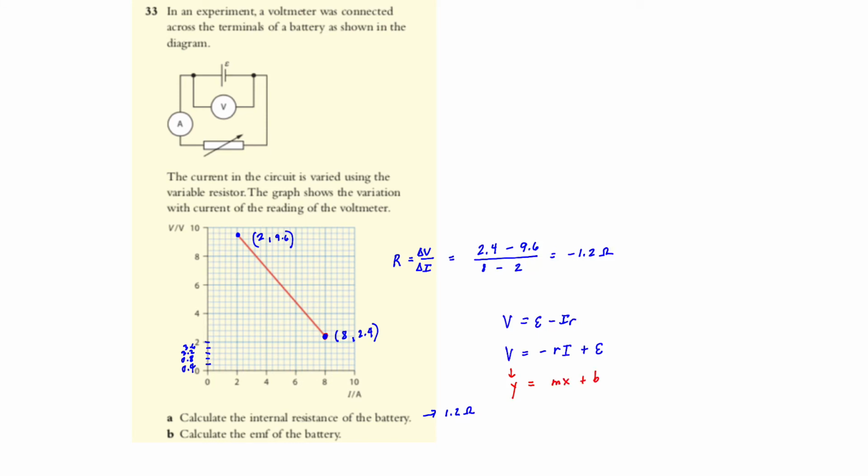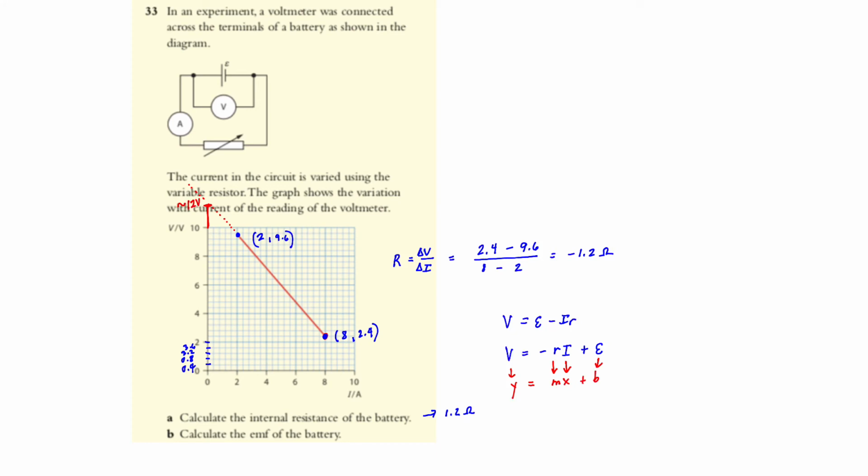And so the m is the resistance, and for the I, that would be the value of your x, and for the E, that is your y-intercept. So upon extending the line here, we can take note that somehow this will be equal to 12 volts.